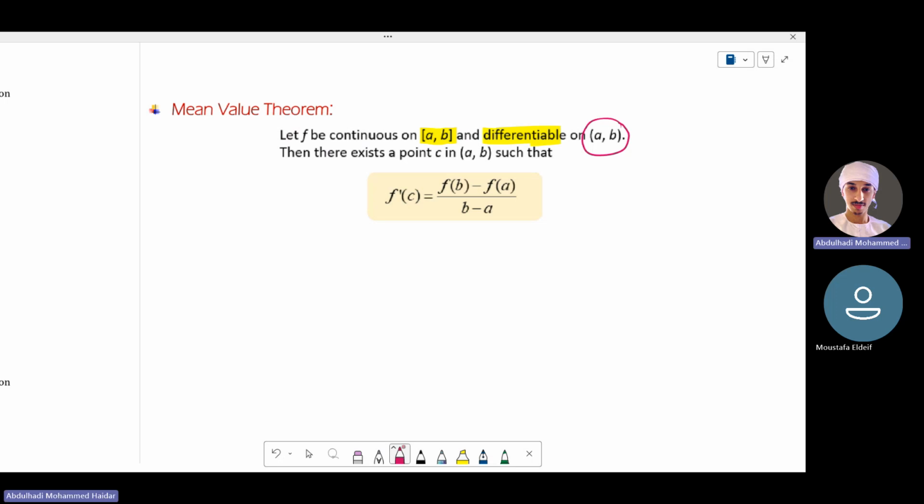Then there exists a point C in which interval, this or this? No, it is in the open interval. So be careful, it is not the closed, it is the open.